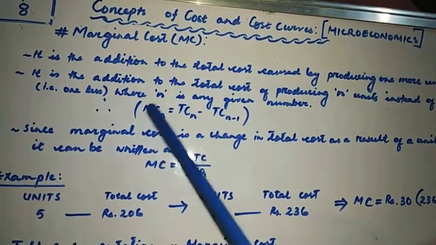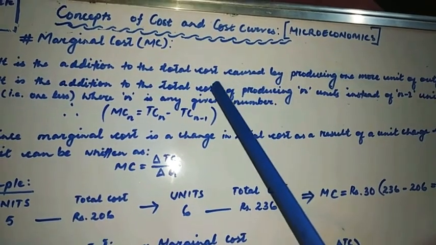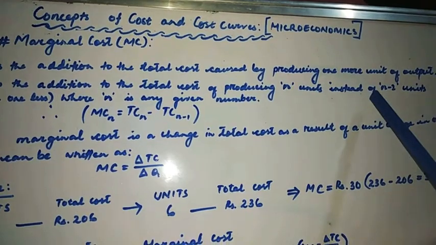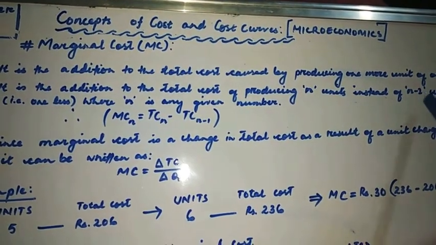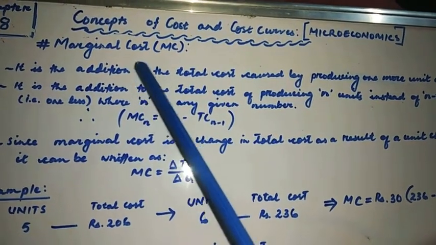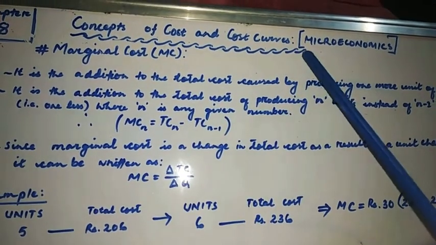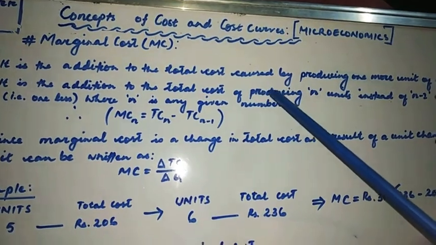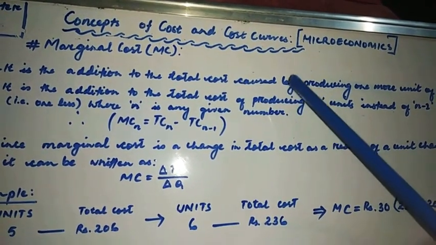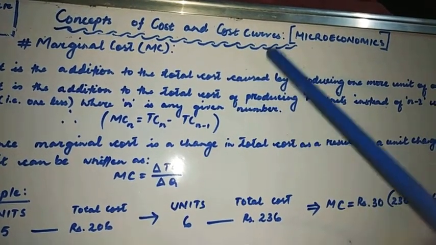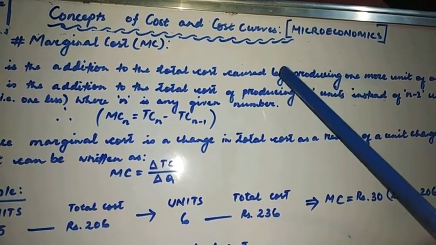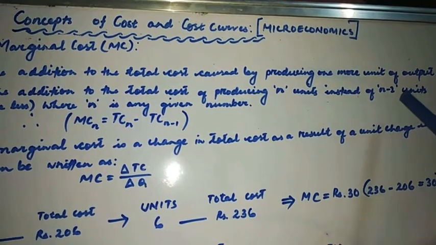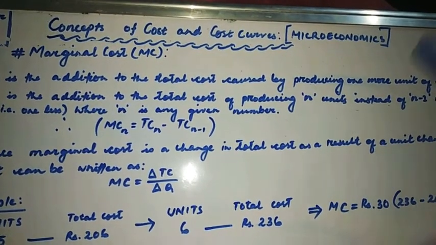In other words, it is the addition to the total cost of producing n units instead of n minus 1 units. So n minus 1 means one less output. In other words, marginal cost is an addition to the total cost that you incur in producing n units instead of n minus 1 units of output. That is one less output.